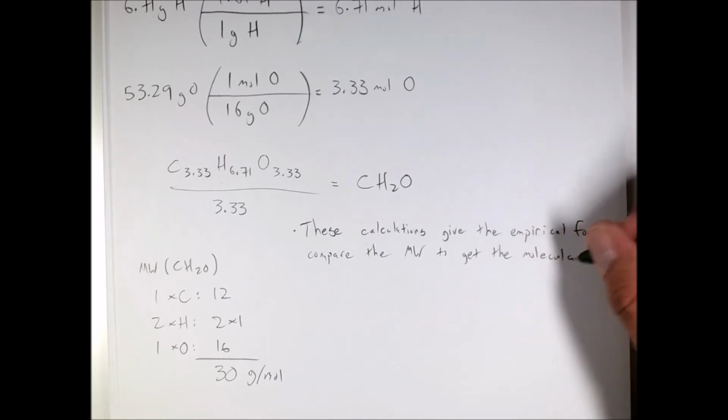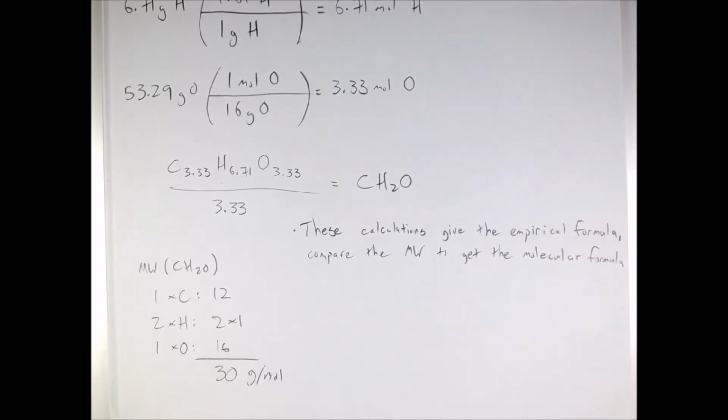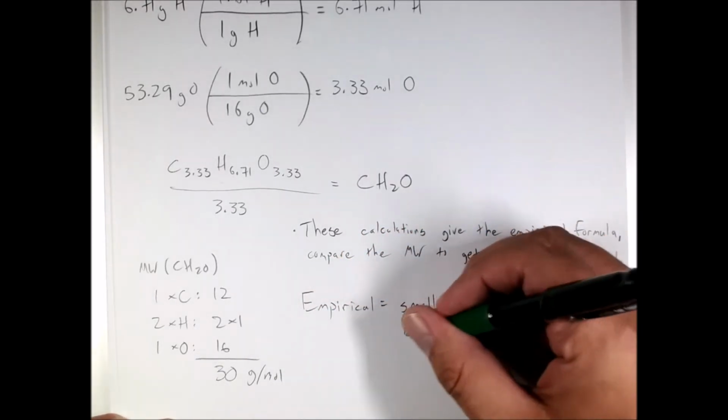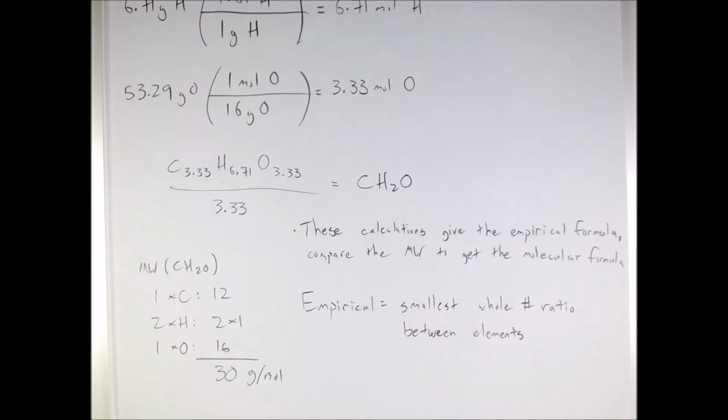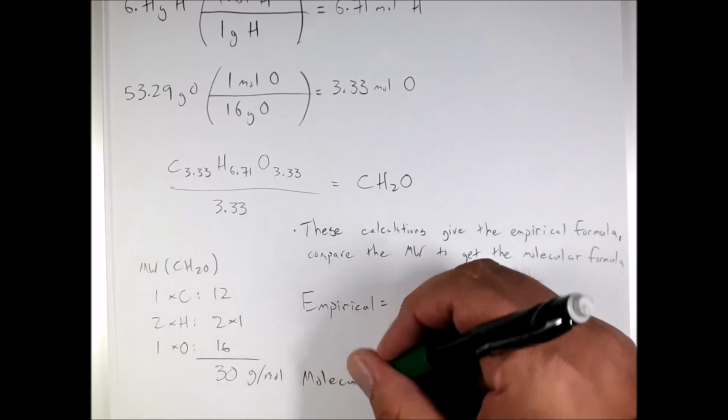And I haven't defined these yet, the difference. So the difference here is that the empirical formula is the simplest whole number ratio between all the different atoms. We saw those kinds of formulas when you were dealing with the salts, right? And the molecular formula is the actual formula.